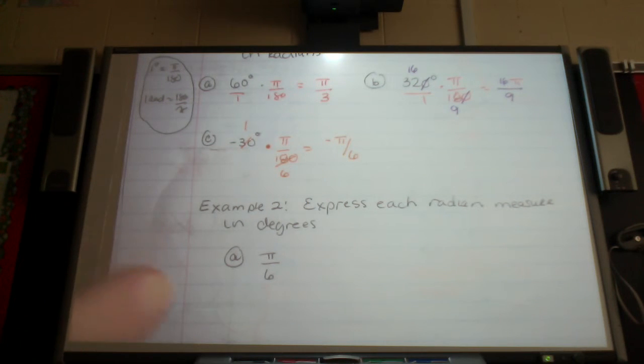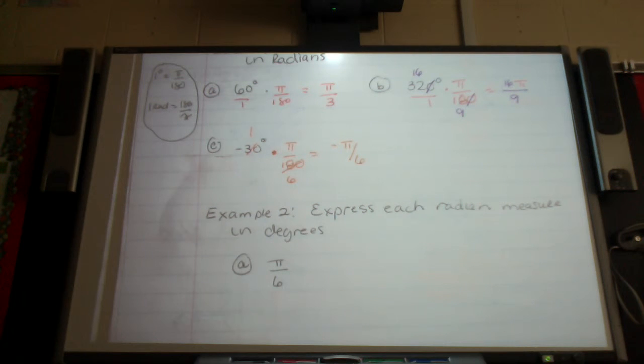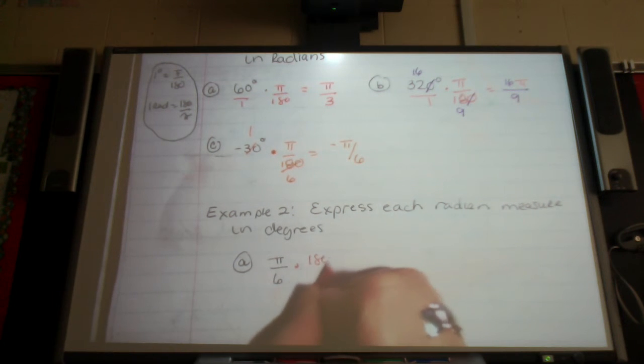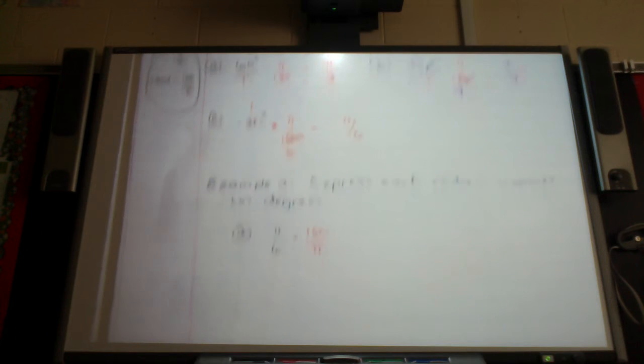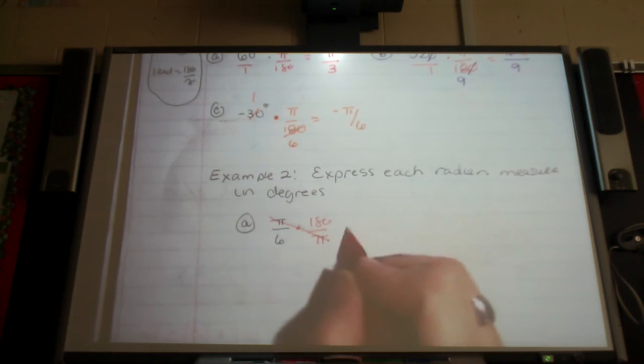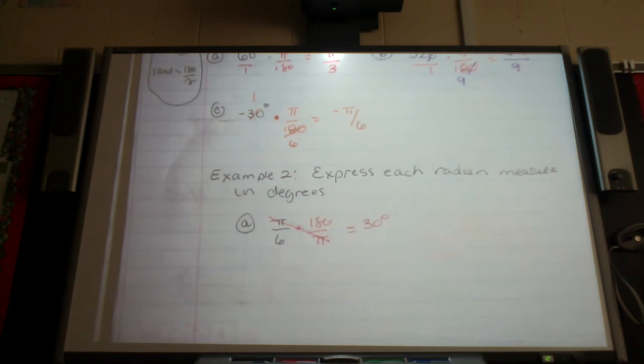Now how are we going to go from radians to degrees? So we times it by 180 over pi. What happens to the pi's? They'll cancel. And we'll get 30 degrees here.